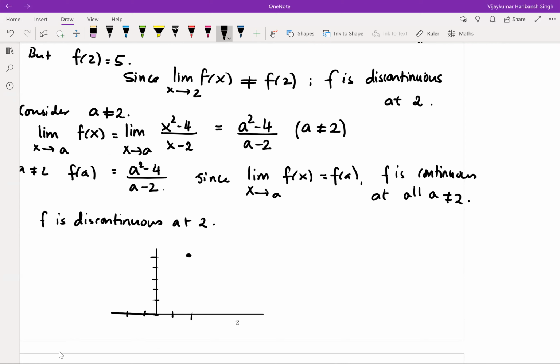When x is 0, you get 2. So it will be more or less a line like this. This is an example of what is called a removable discontinuity.